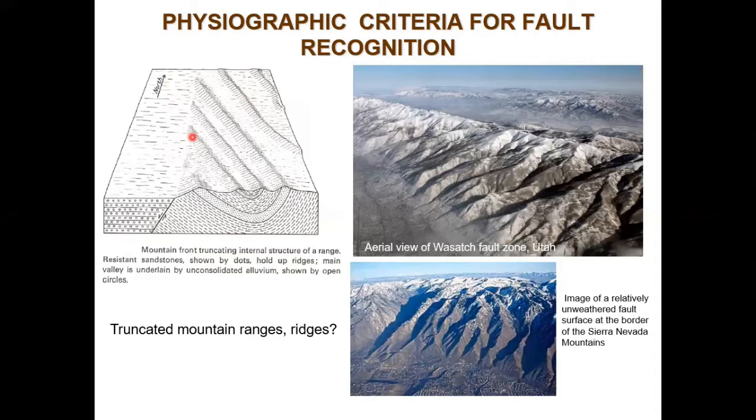More important than that, these ridges and mountains at the surface will be truncated. If there is a fault plane separating these two blocks, like this one, along the fault line these mountains will be truncated, so they will not be continuous in the trend in the expected direction.